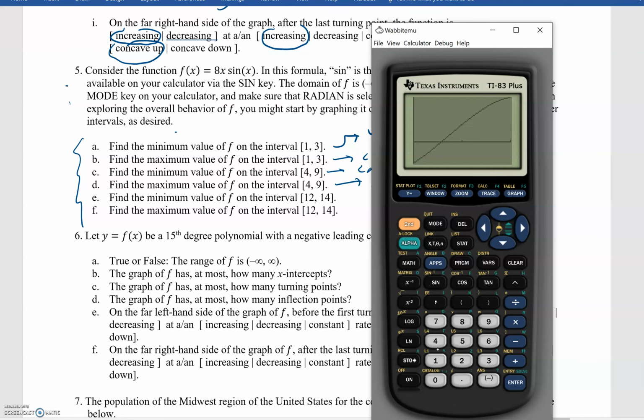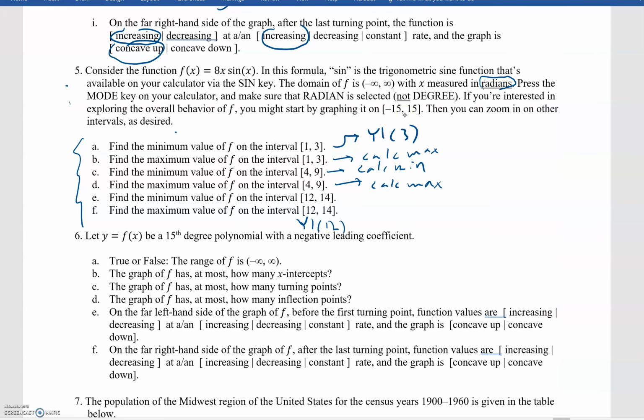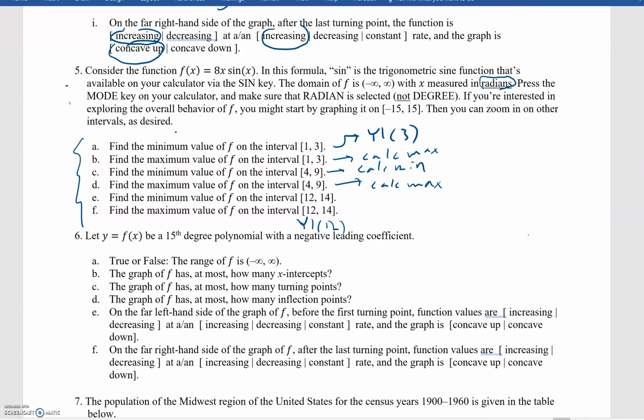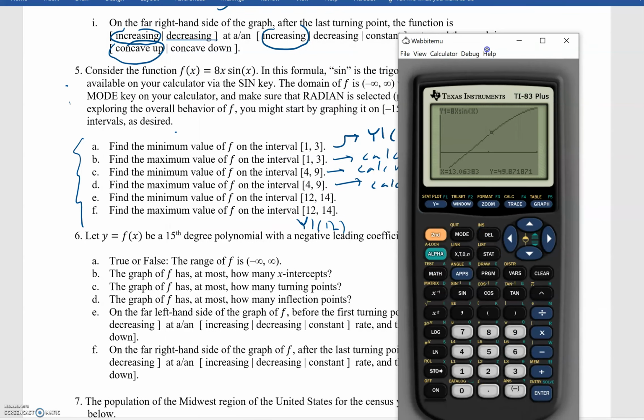So over this region, the minimum is going to be y1 of 12. And the maximum, to me, I think it's pretty clear where the maximum is going to occur. And if you're unsure, you can always hit trace and just kind of follow. Oh, what did I do? I moved my graph, I'm sorry.